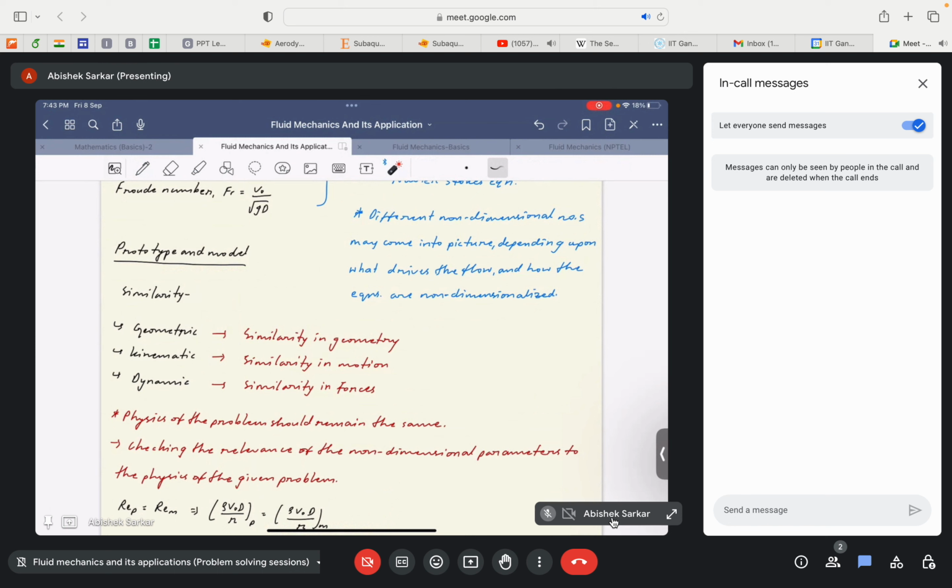If we are going to study flow over an aircraft, a prototype would be a model that has almost similar dimensions, if not equal. If the dimensions of the actual aircraft and the system that we have created to study it match, then we can say that it's a prototype.